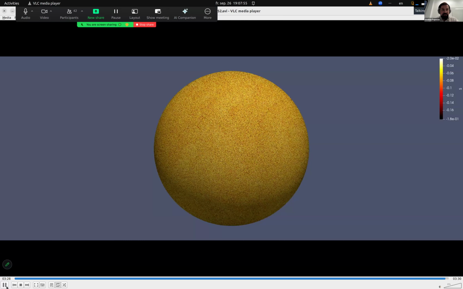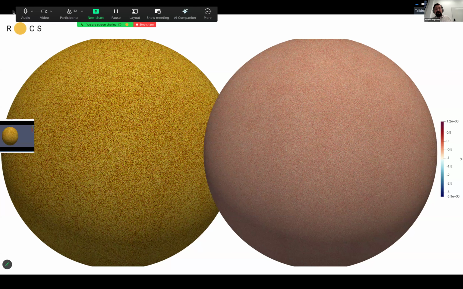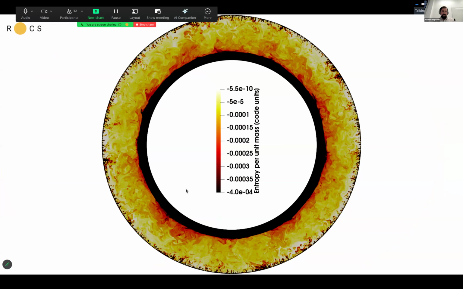Okay, let me move on. Right, so this is the radial slice of the simulation. It's impossible to show it in the movie because it's just too costly to load. And you can see several things here.